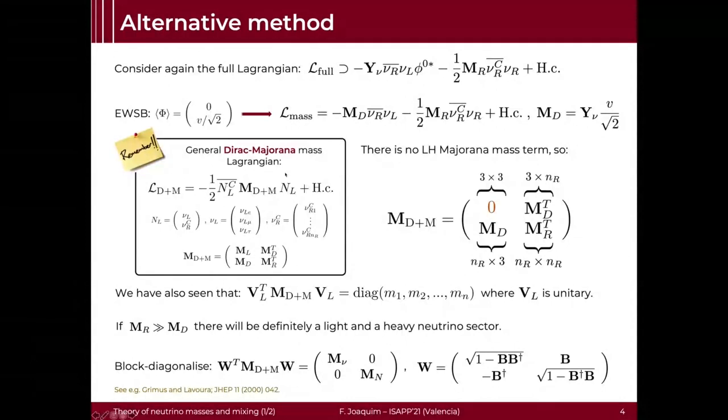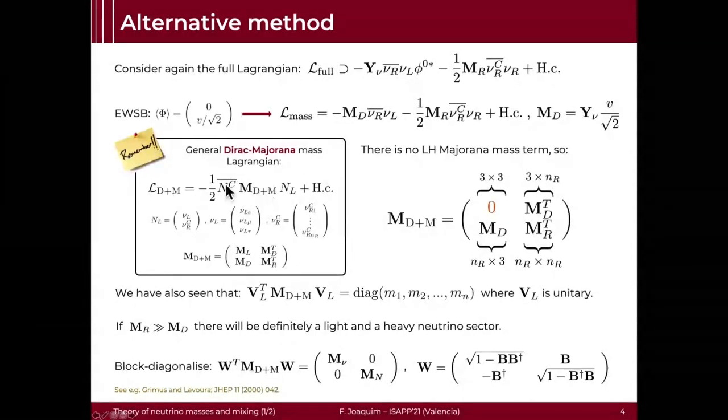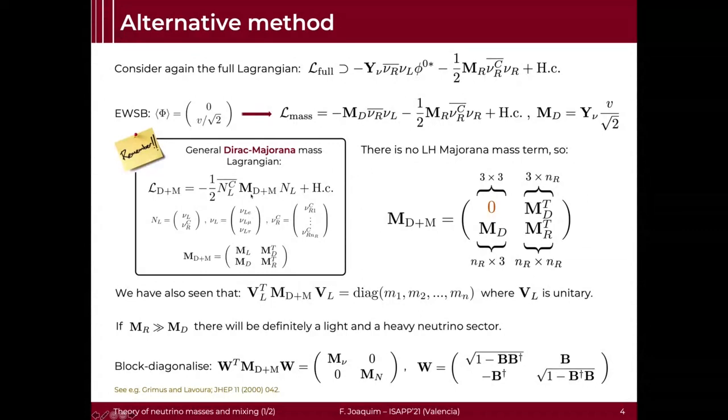Comparing with the general situation that I discussed on Friday, the difference is that now I'm making some assumptions about the mass scales that are involved in the mass matrix. Remember, on Friday, this was completely general, and I didn't say anything about any possible hierarchies in these mass scales. But now I know that I'm considering the case in which M_R is much larger than M_D.